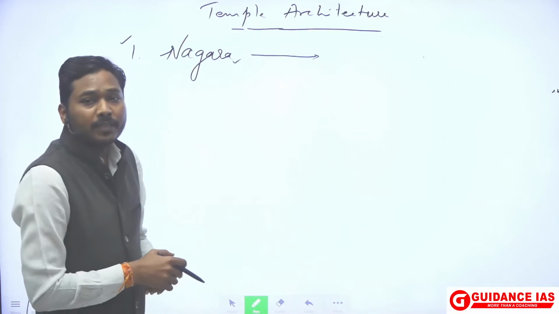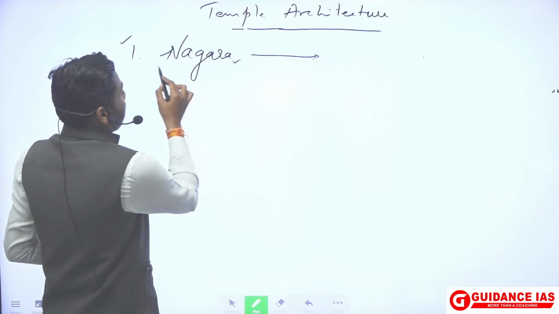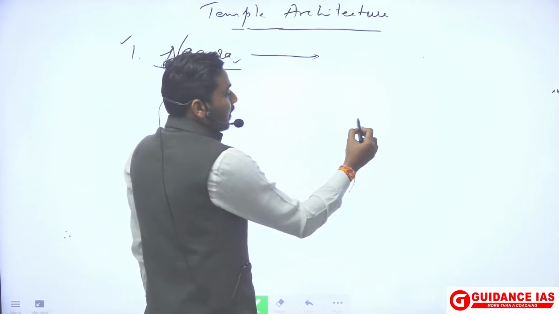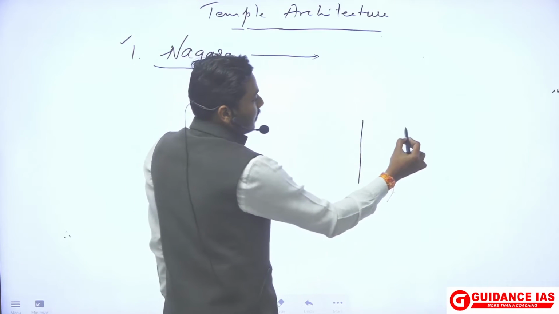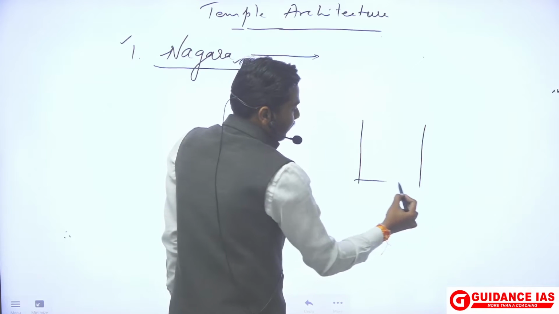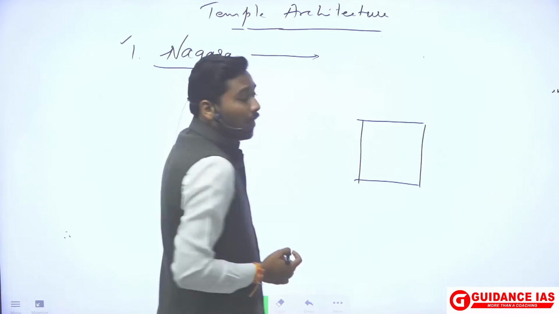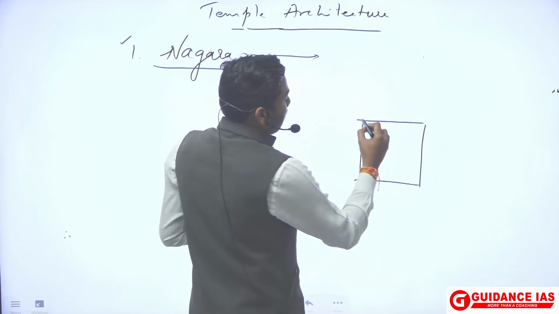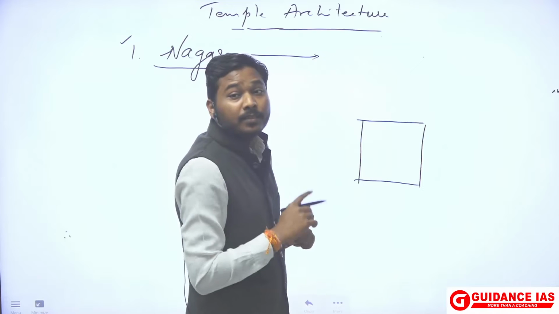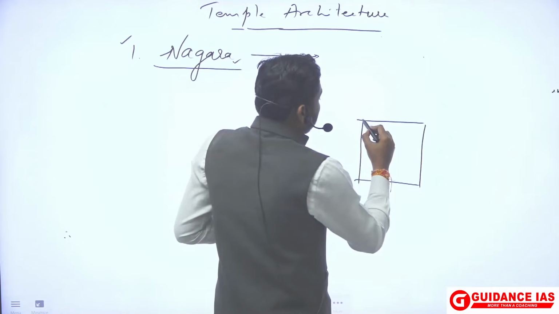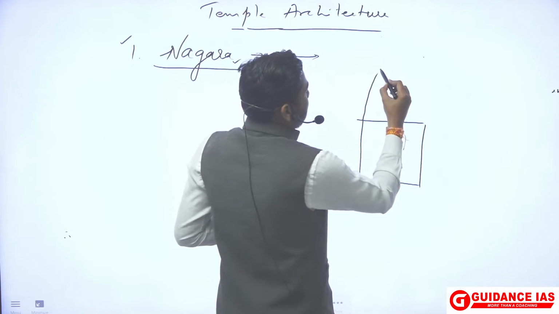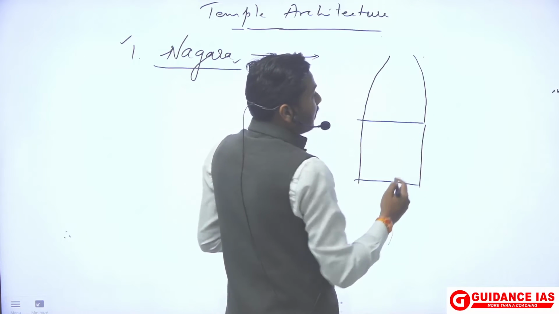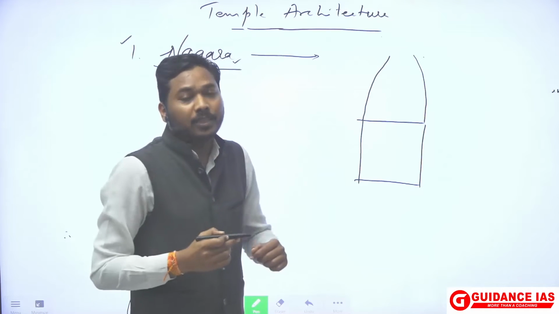When it comes to the Nagar style of architecture, as we have discussed, there is a Garbhagriha. Above this Garbhagriha, there is a tower, which we call Shikhar. Very good. Now this Shikhar is curved. It is a curvy linear Shikhar.